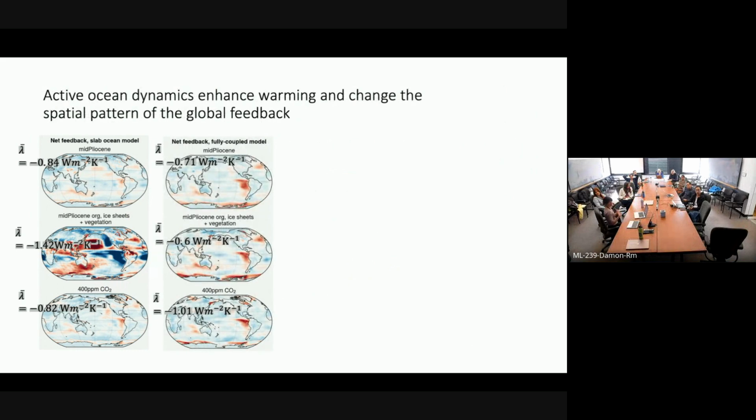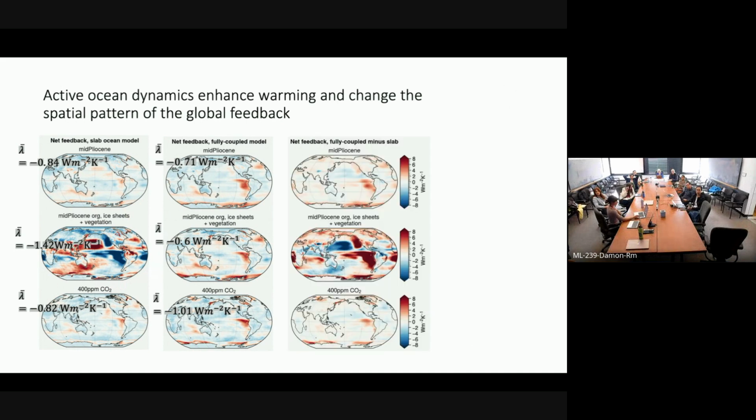However, when we have these active ocean dynamics, the global feedback is much more positive, and we have much more consistency between our mid-Pliocene and our CO2-driven simulations. I'm going to skip that. Just another differences figure, showing how important these ocean dynamics are in shaping the magnitude of the global feedback.